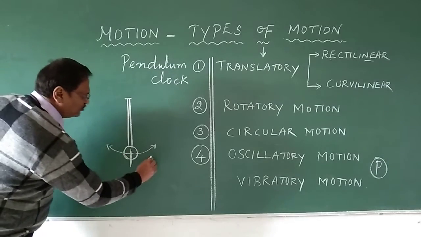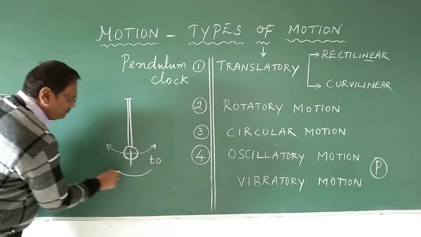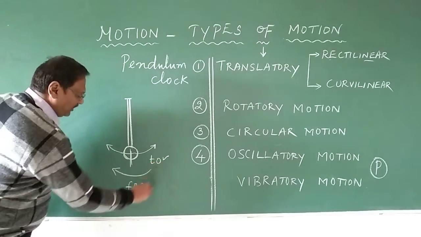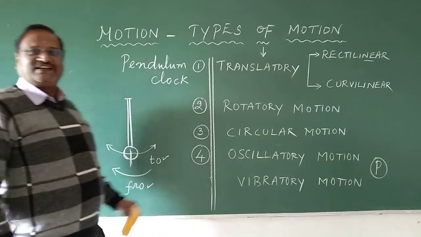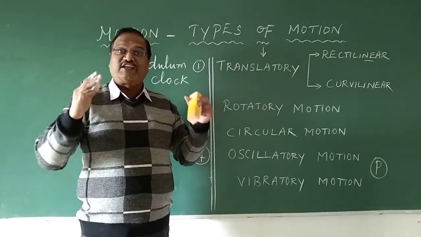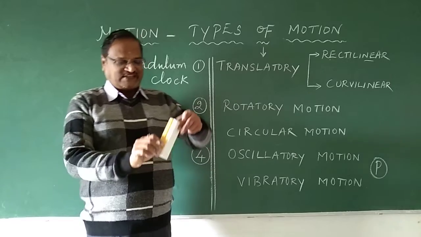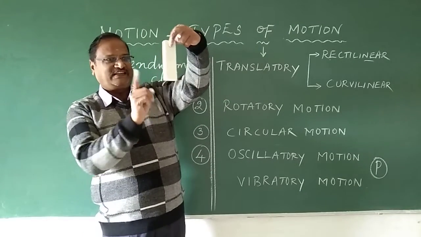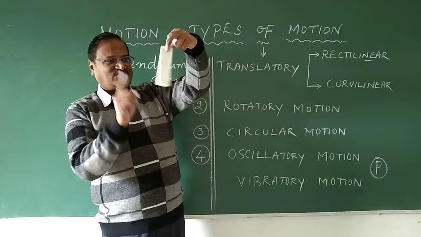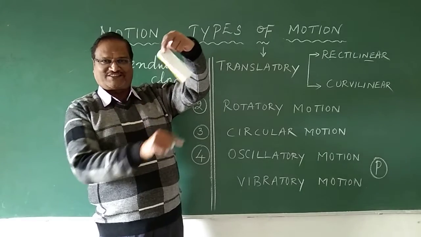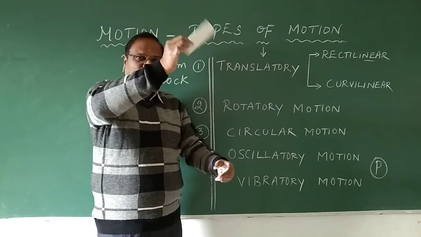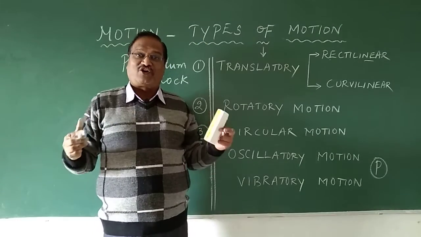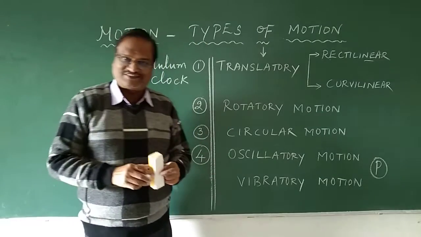You go this side, it is a 'to', and it comes back, it is a 'fro', and this to and fro motion is called oscillatory motion. For example, I keep this duster and move it like this, you see, it is moving like this. This to and fro motion is called oscillatory motion.